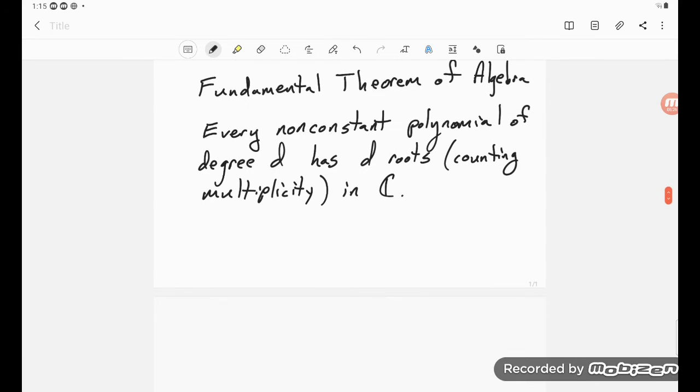We can factor every polynomial down to all its roots.